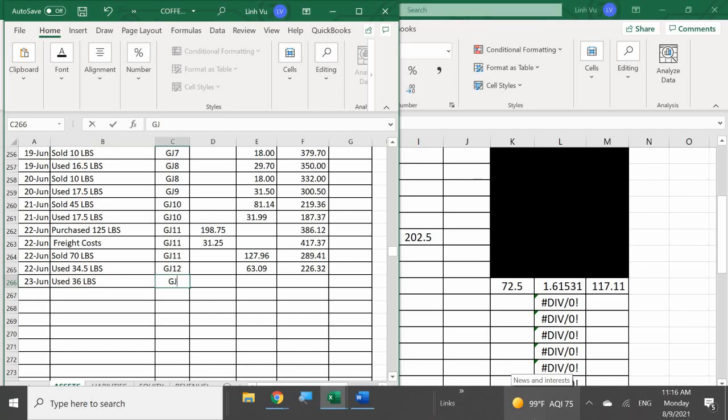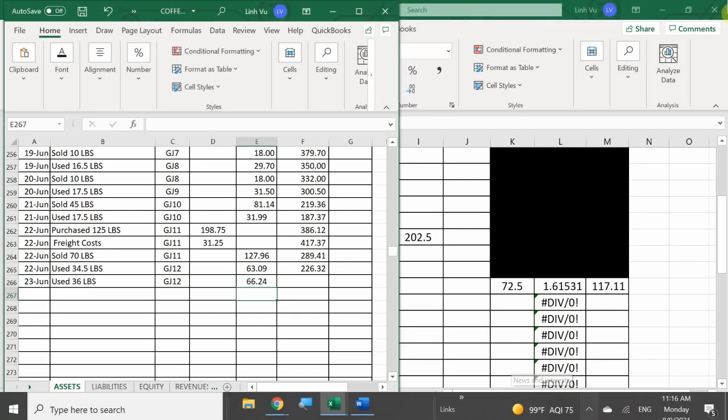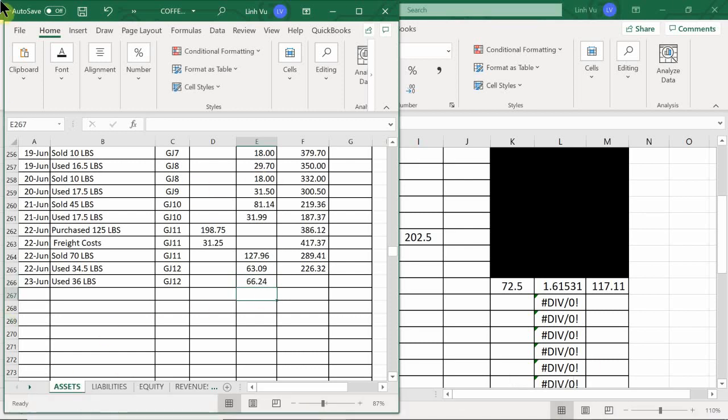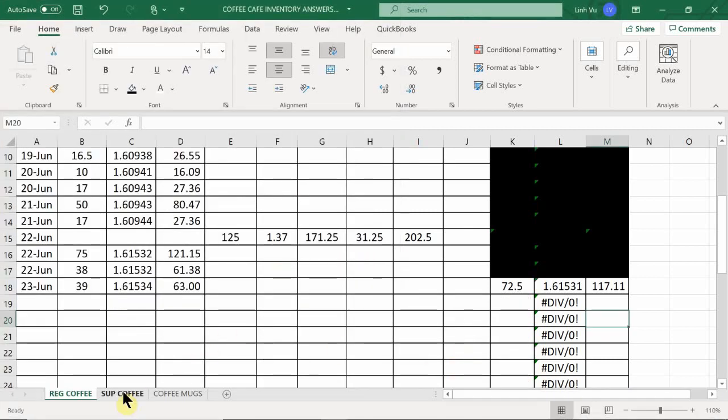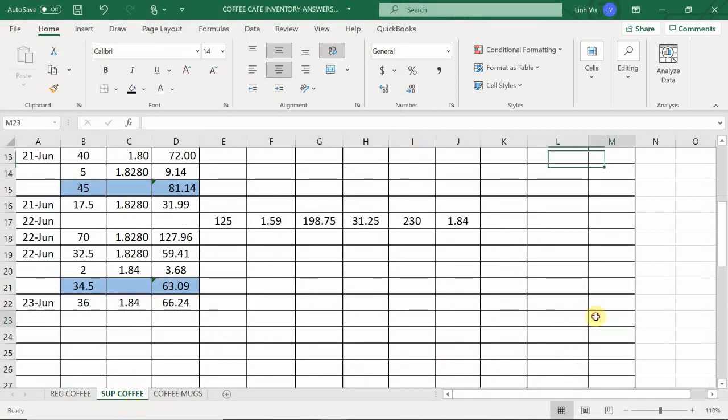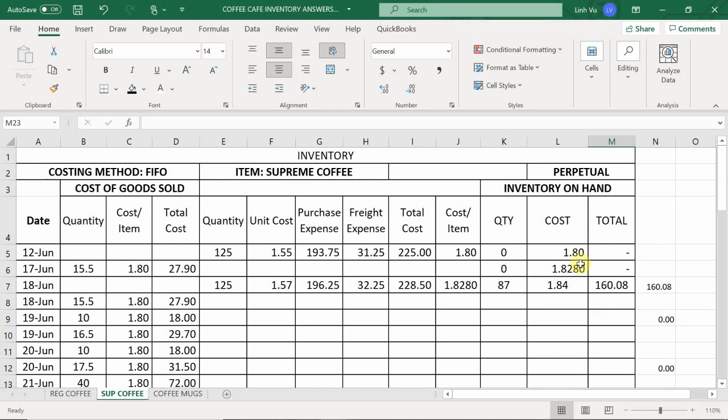Okay, General Journal number 12, which was for $66.24, which, if we calculate this, right, okay, it should give us 160.08, which, let's double confirm in our inventory worksheet. Do we have 160.08 remaining? That is correct. 160.08 left in our inventory worksheet. Okay.